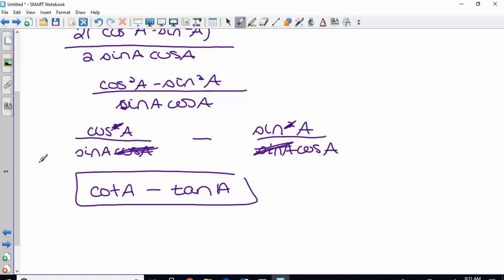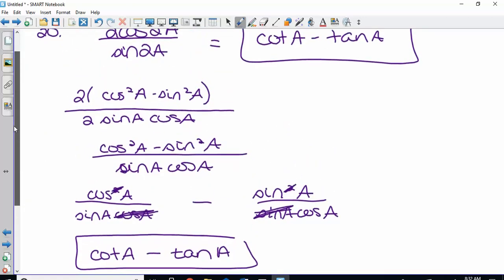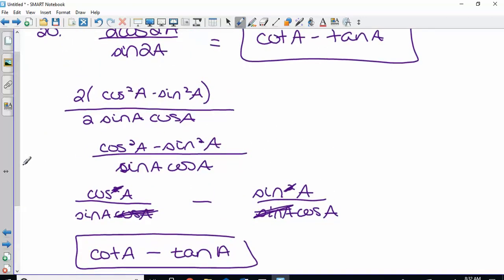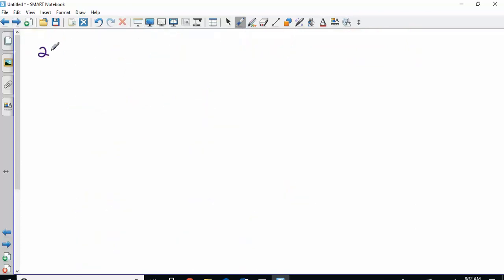So we get cotangent A minus tangent A. And that was what we needed. Good to know.